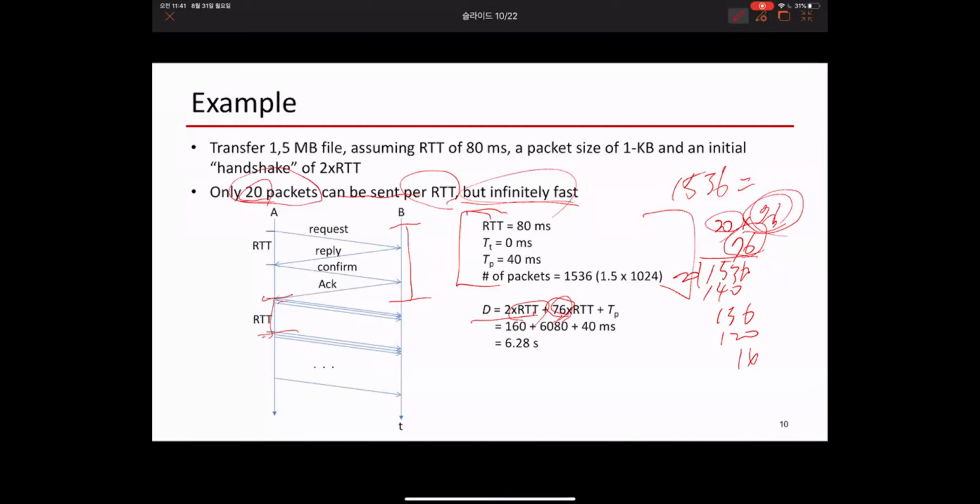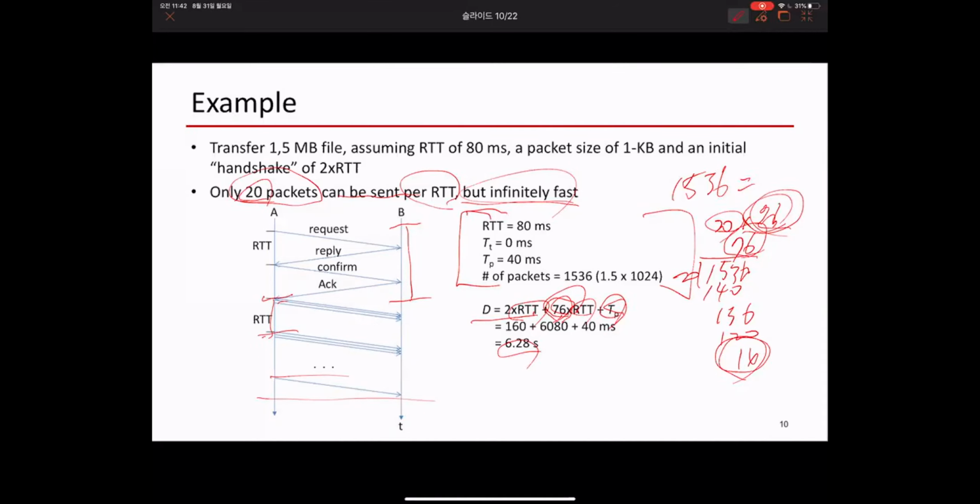How many times do I have to repeat? 76 times. Then I have some remaining, which is 16. In this case, I can send a little faster because I don't need to wait one RTT. Then only TP is counted. Therefore, it takes 6.2 seconds.